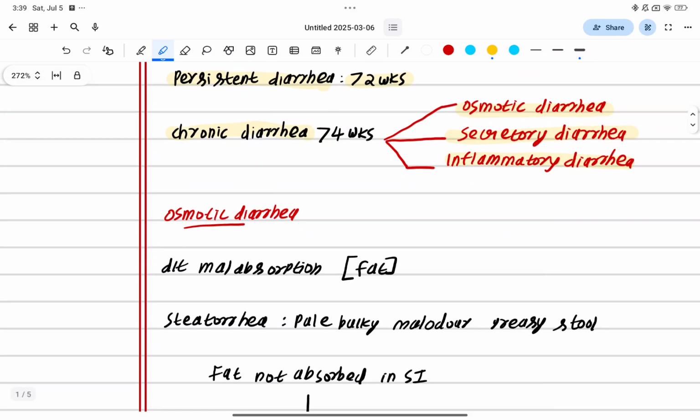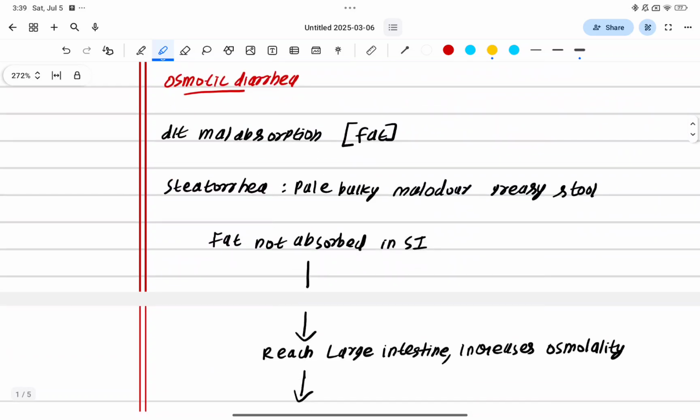So first let us discuss osmotic diarrhea. Osmotic diarrhea is basically due to what? Malabsorption. So what things are absorbed in our body? Mainly three nutrients: fat, proteins and carbohydrates. And 90 to 95% of absorption takes place in the small intestine, isn't it?